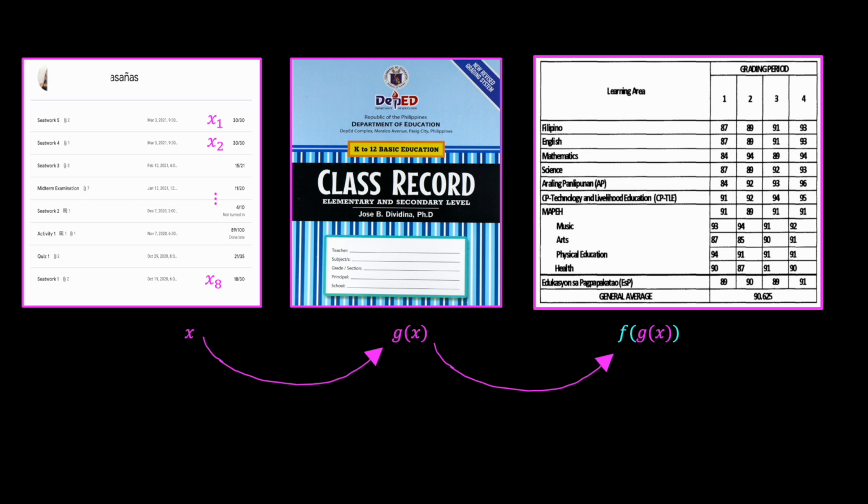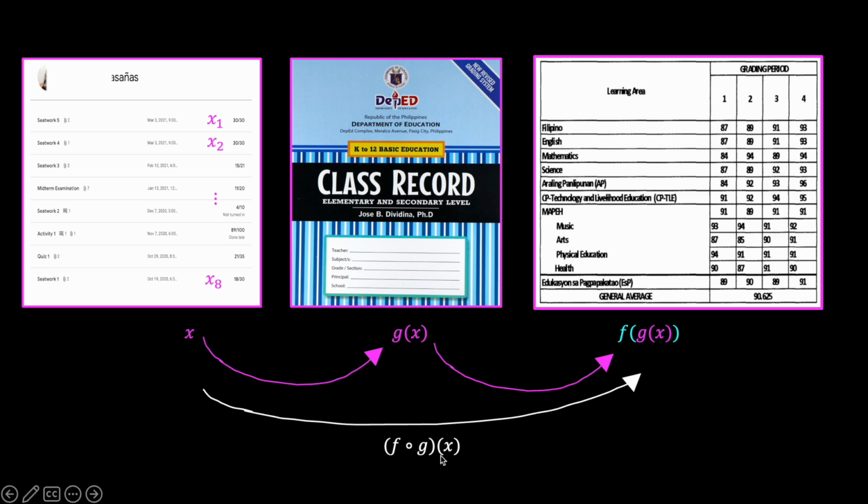So now f of g of x is an element inside the report card, and the domain is your class record at this moment. So the entire procedure is the concept of your f circle g. This tells us that once you compute some grade of a student, we are doing a composition of function. So when you encounter f circle g of x, that means that we have to follow some hierarchy.